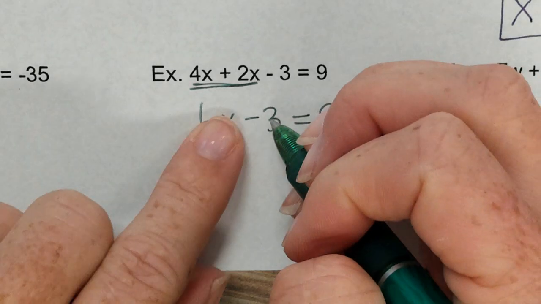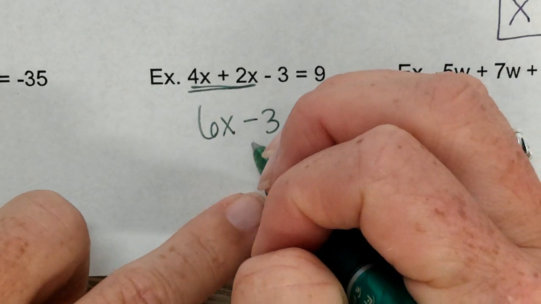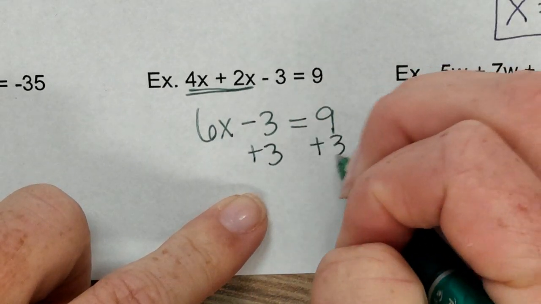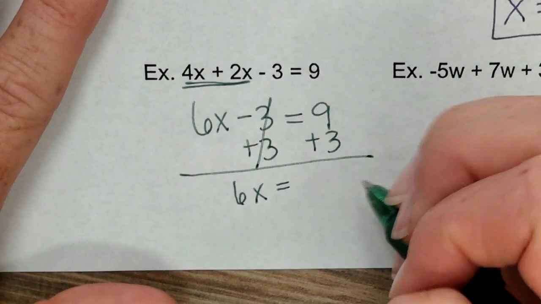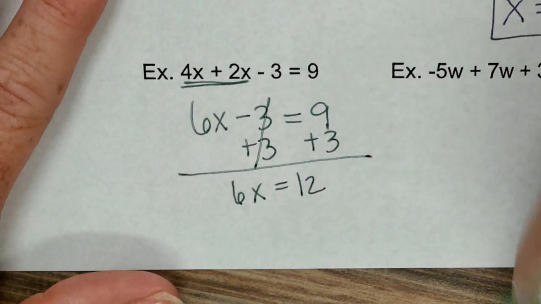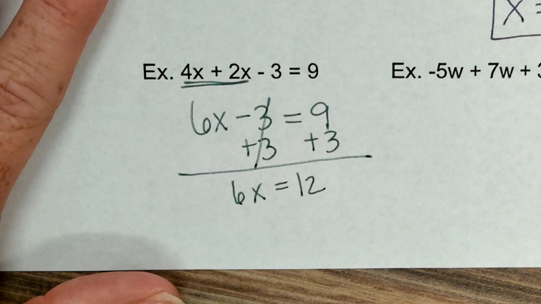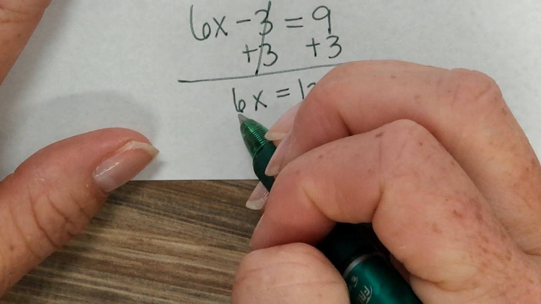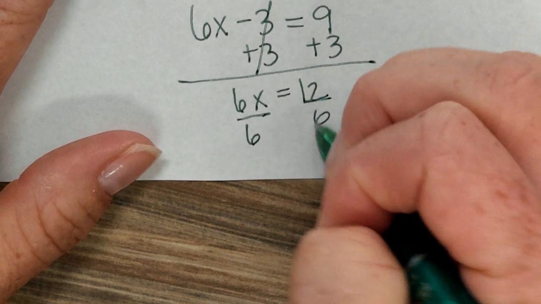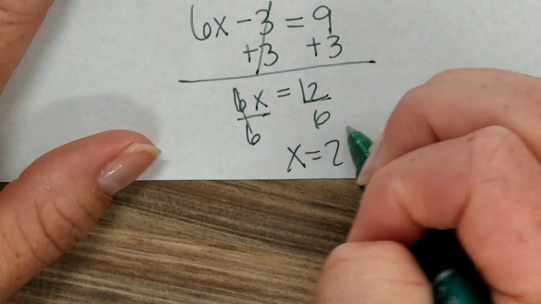How would I zero out a minus 3? Whatever I do to the left, I got to do to the right. So I have 6x equals, and 9 plus 3 is 12. How would I get rid of the coefficient 6? Divide by 6, and x is equal to 2.